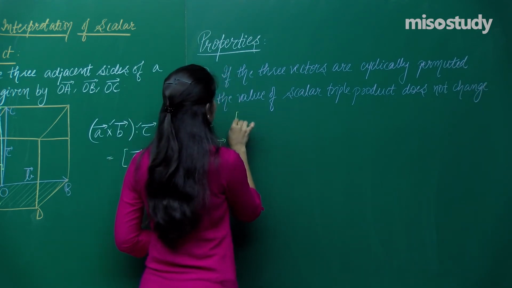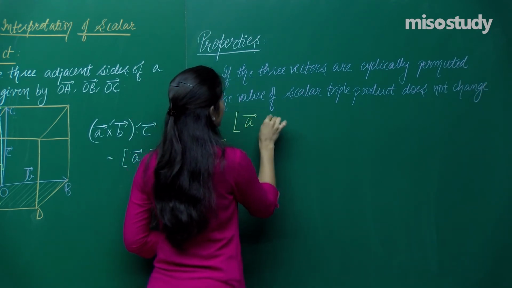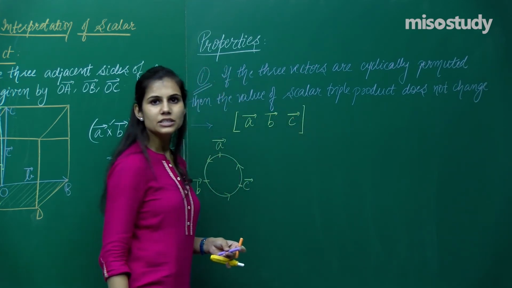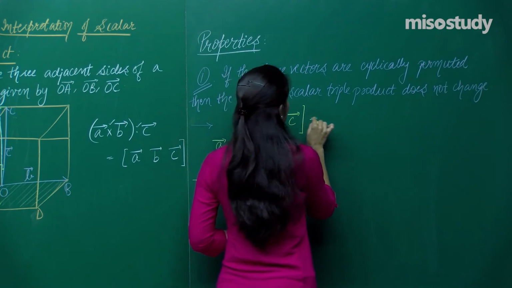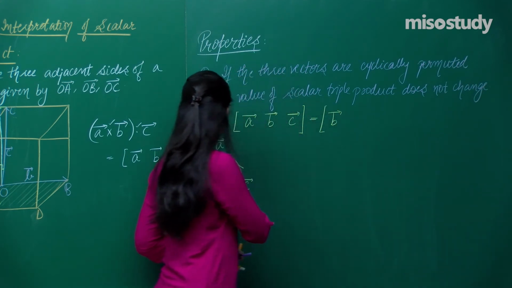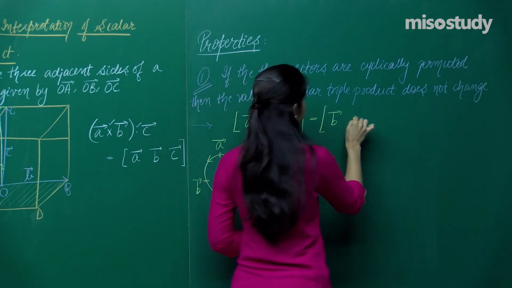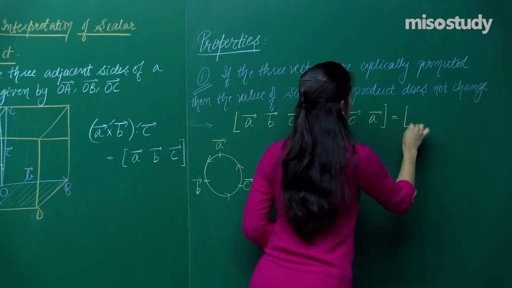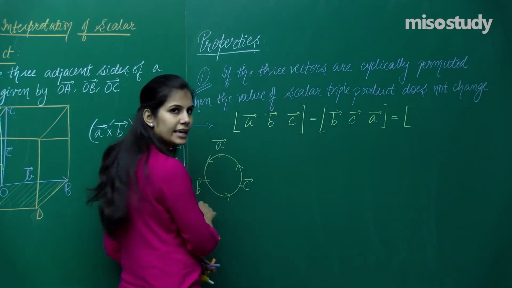So this is saying that the scalar triple product of A, B, C in this order is same as the scalar triple product of BCA, which is same as the scalar triple product of CAB.